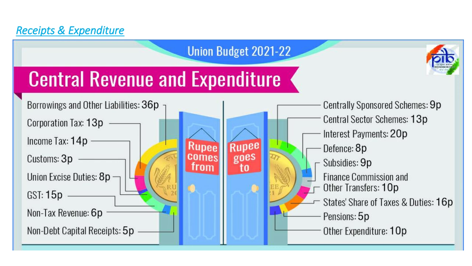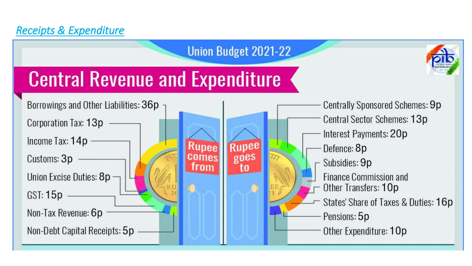In third place, receipts come from income tax, that is 14 paise. Likewise, the government has estimated earnings from other sectors also.